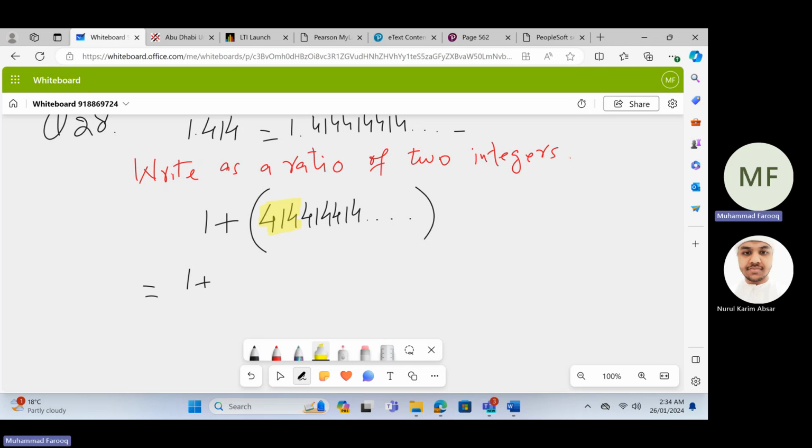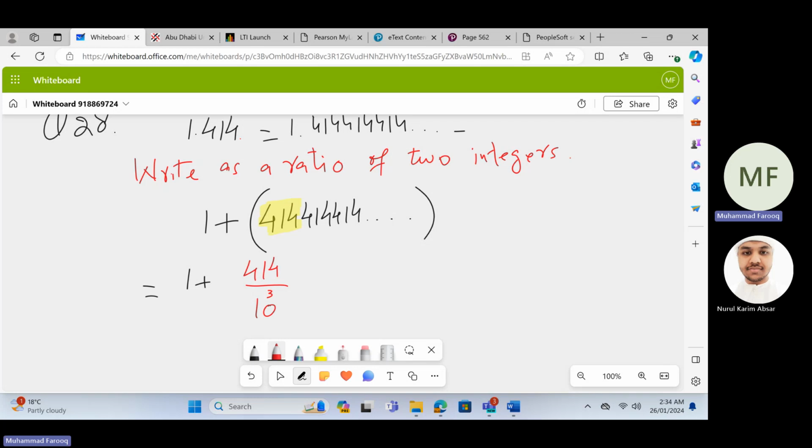Now tell me, to reach the first group, 414, how many decimal places do you move? 3, yes, 1, 2, 3. When the decimal reaches here, you get the first group. So we move 3 digits, and you write 414 divided by 10 to the power of 3.